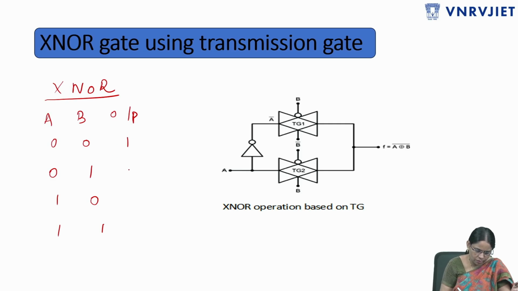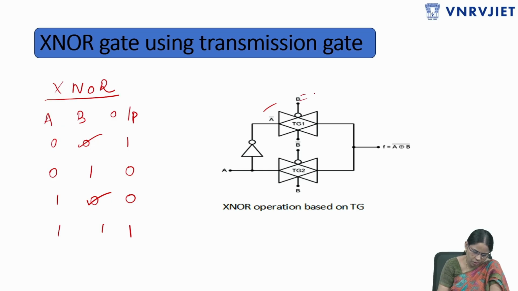This is XNOR, right? Here they have taken the control signal as B in the circuit. So if B is 0, output is reverse to A. So if B is 0, output is A dash.